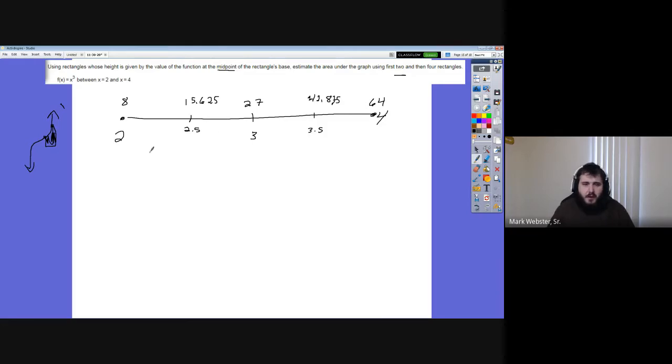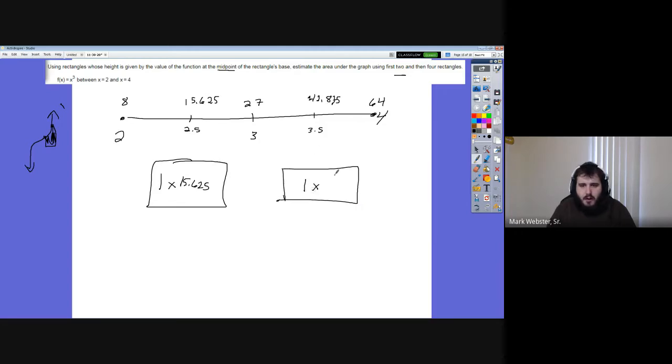So here's the thing. We want the height to be the middle height. So this is what we want. So here we know that our base is 1. Our height is going to be this 15.625 number. Here again, our base is 1. Our height is this 42.875 number.